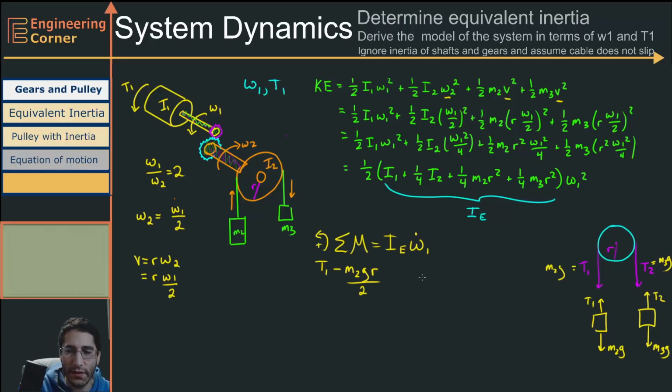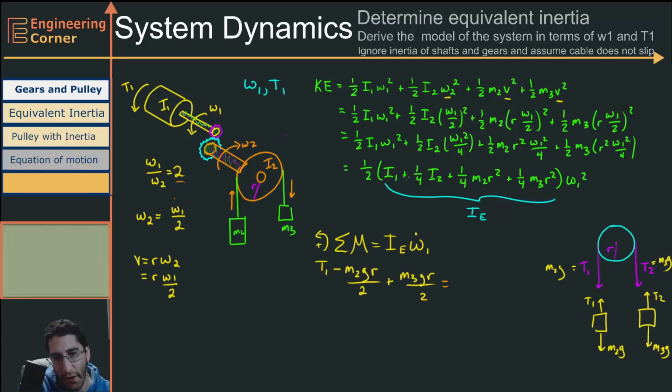And then this other one is going to be plus M3GR over 2. Again, this 2 is because this gear ratio right here is doubling the torque. It's reducing the speed by half and doubling the torque. So our input shaft is only going to see half that torque.